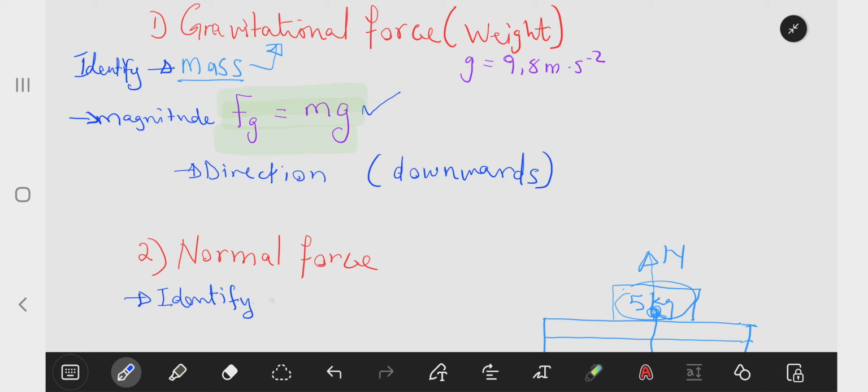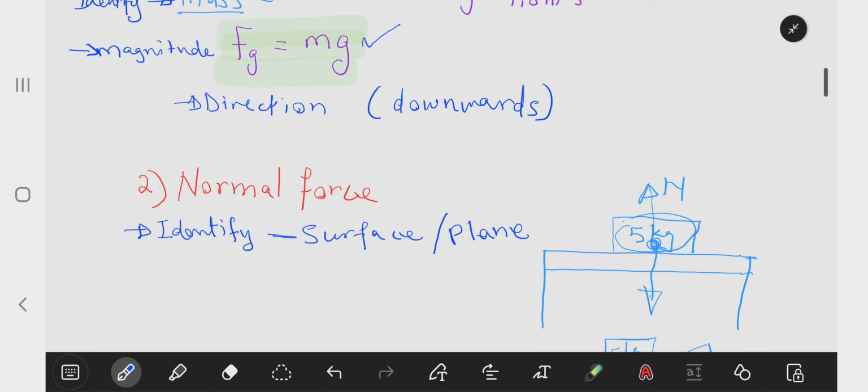You identify using the key term surface, or it can be a plane, or a road, or a table, but as long as it's a surface, then you know that you have what we call normal force.